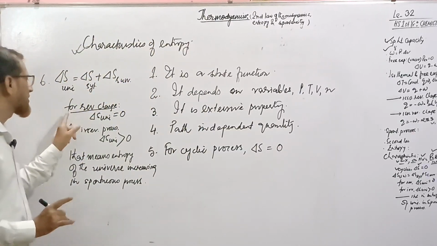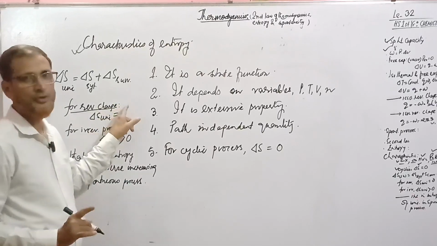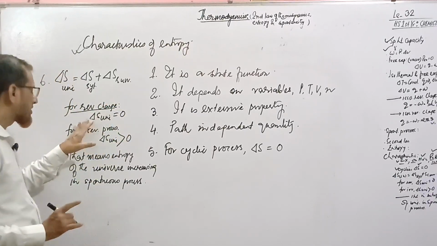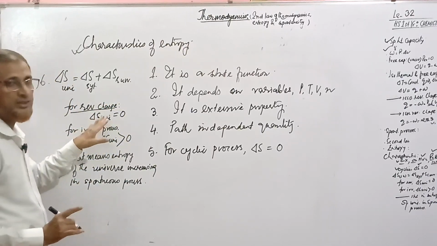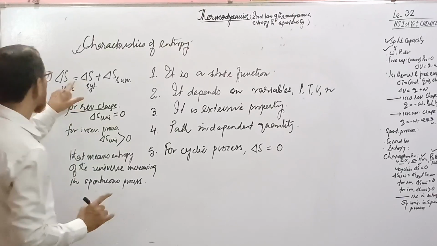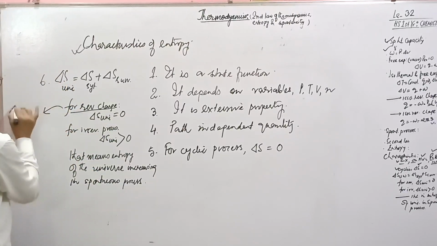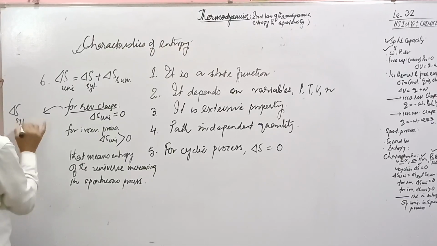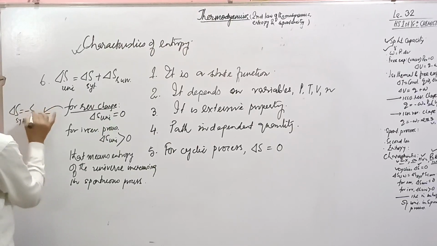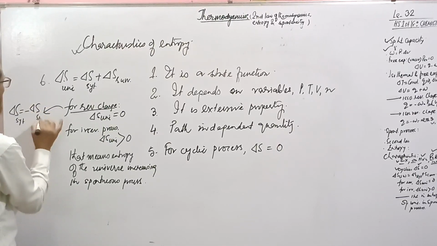But for a reversible change or reversible process, the change in entropy of the universe is equal to 0. So if del S universe equals 0, that is del S system is equal to minus del S surrounding.